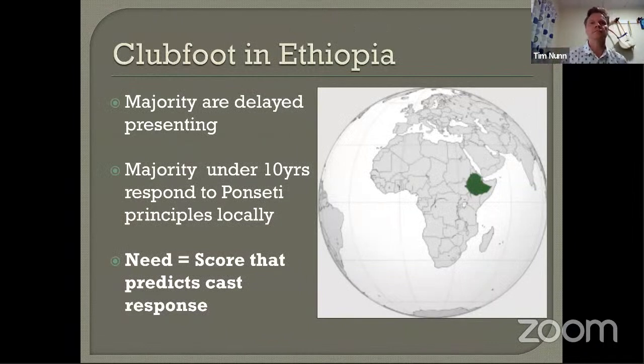As I've mentioned, the majority of the feet that we see are delayed presenting. Infant clubfoot services here are very sparse. The majority of those under the age of 10 still do respond to Ponseti principles of manipulation and casting.